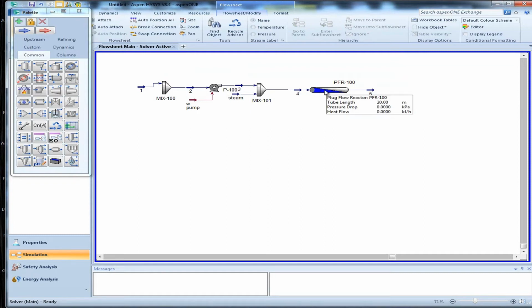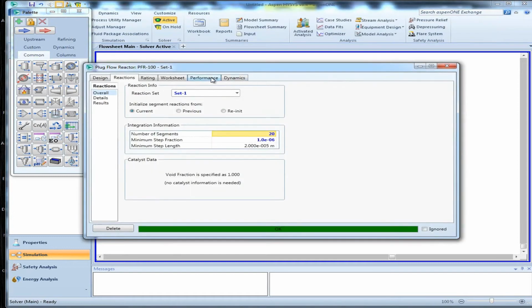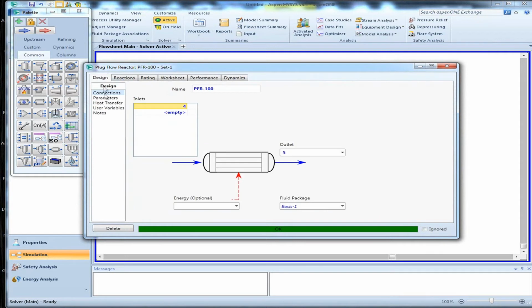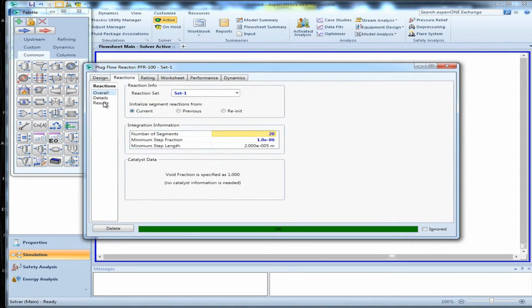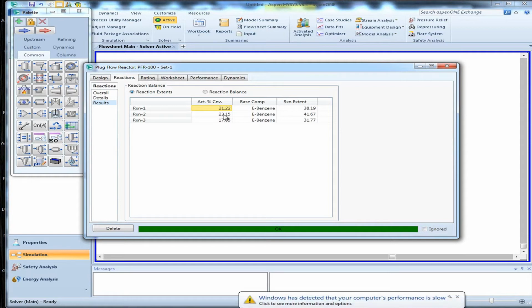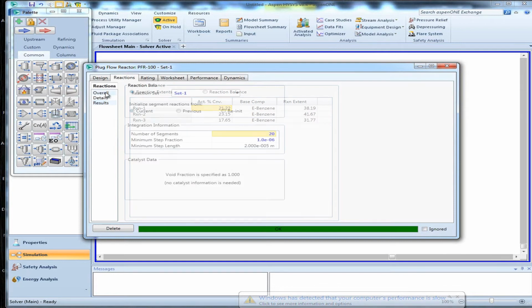the simulation is completed. So let's see how well the performance is from the result. As you can see here, the first reaction has a conversion of about 21%, 23 and 17% based on ethylbenzene.